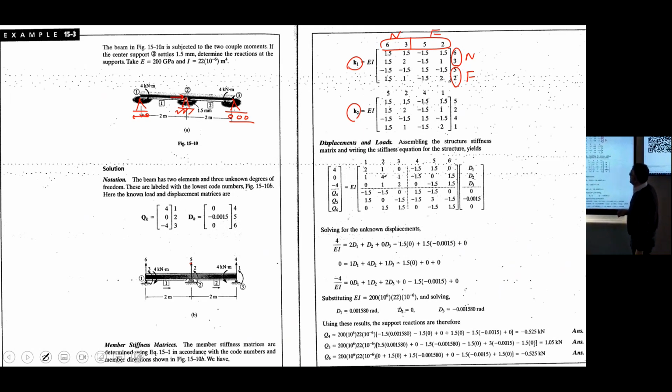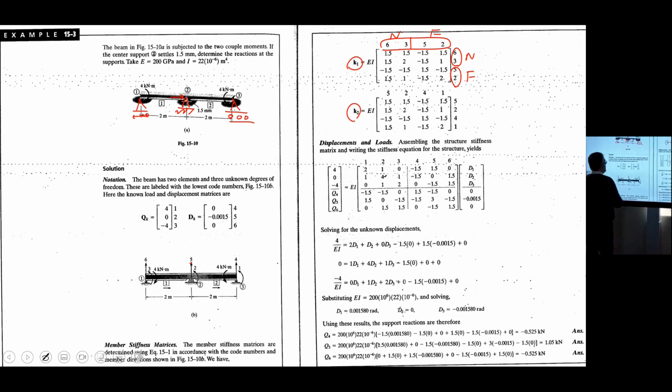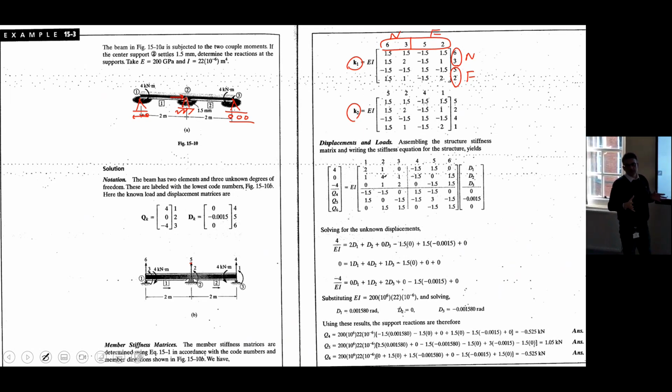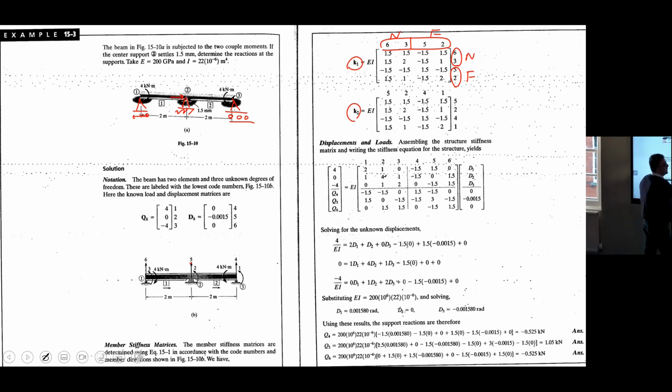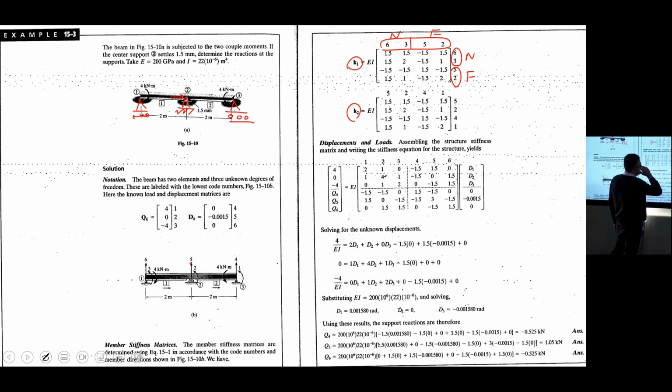So if we calculate K1 and K2, we can again go for the whole stiffness matrix, which is 6 by 6, with rows and columns 1 to 6. And you all know how we put all those 16 numbers into the right places in the big matrix.